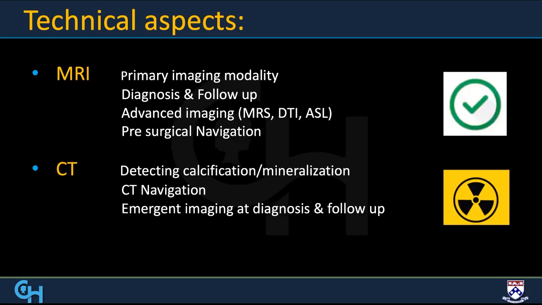For example, if a surgeon was going to do a craniopharyngioma resection via a transsphenoidal approach, then it is more likely that they are going to request a CT navigation study prior to surgery. And also, in all emergency situations, a CT scan is going to be the modality which is going to be used because it is much easier and faster to obtain with lesser need for sedation.